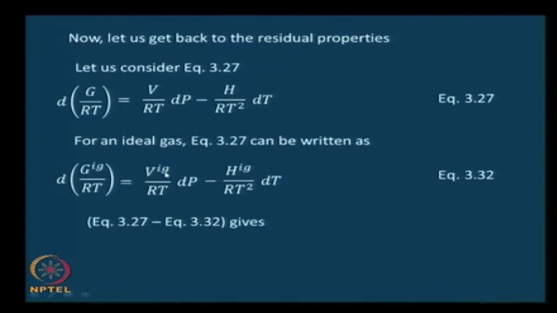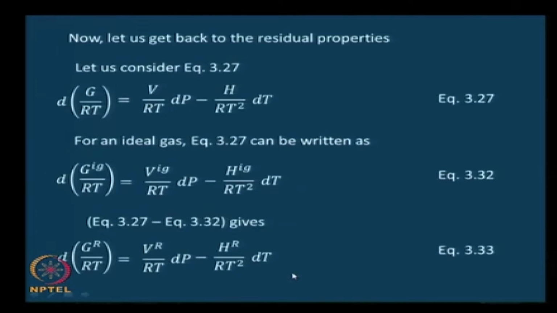Now, if we subtract 3.32 from 3.27, note this is the actual value, this is the ideal value, and therefore actual value minus the ideal value must give us the residual value. Therefore, D of G residual by RT equals V residual by RT dP minus H residual by RT squared dT.